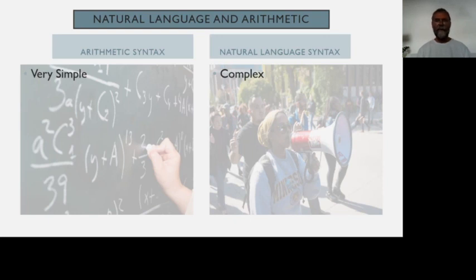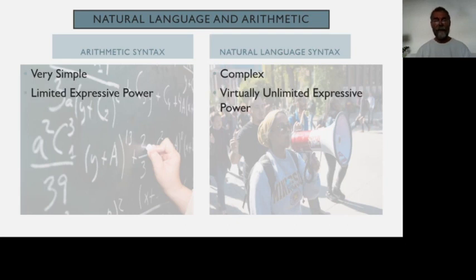Natural languages, on the other hand, are far more complicated than that. They are virtually unlimited in what they can express. They can express virtually anything that you can think of.